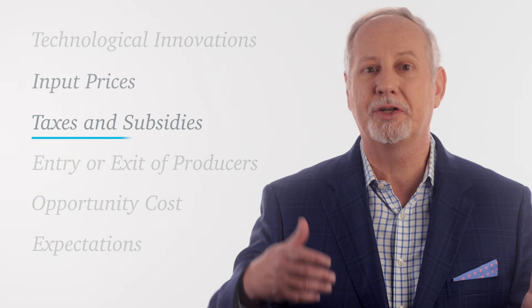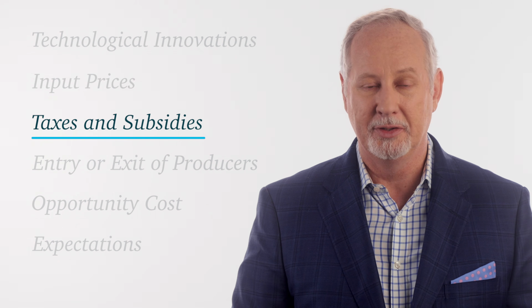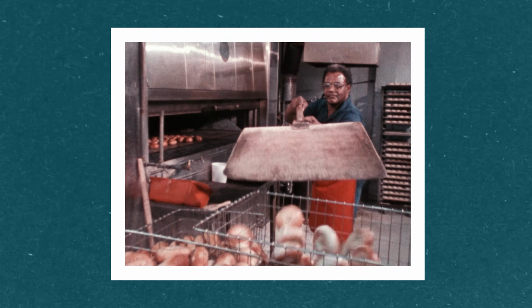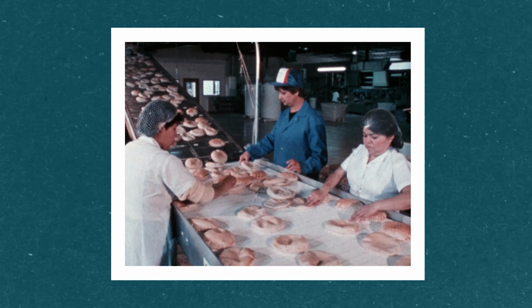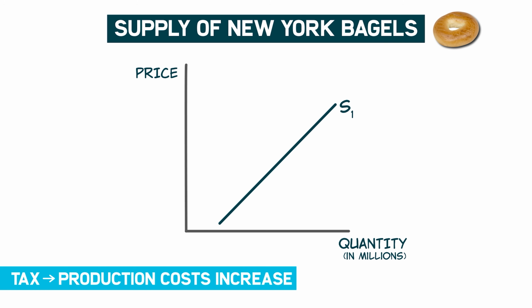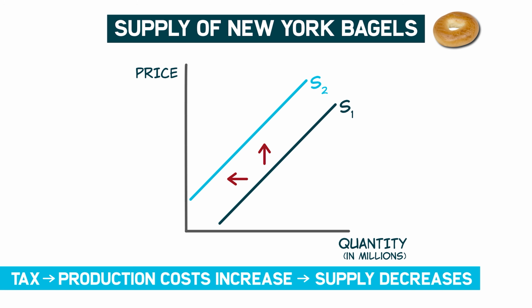Next, let's look at taxes and subsidies, starting with taxes. Imagine there's a 50-cent tax on bagels in New York. A tax is equivalent to an increase in costs, and therefore a tax will decrease supply. Suppose that before the tax, New York bagel producers were willing to sell 1 million bagels at a price of $4 per bagel.